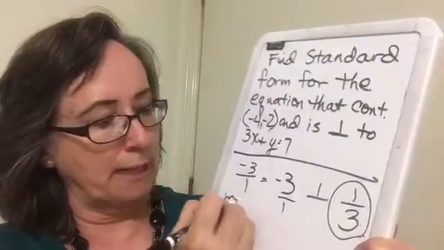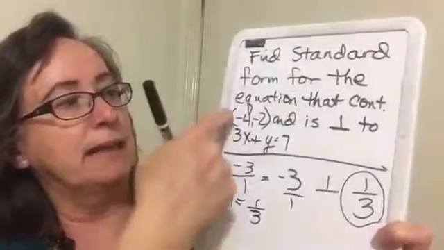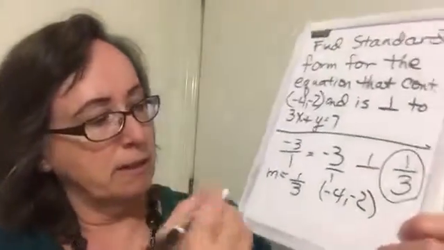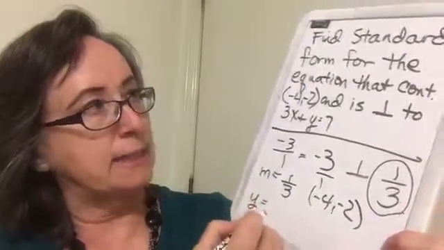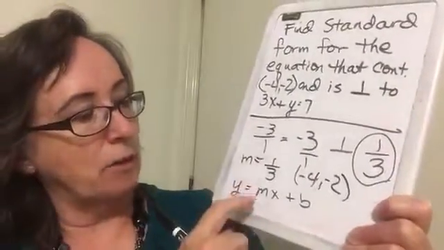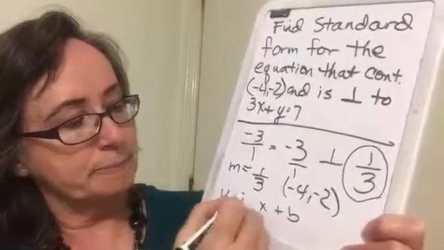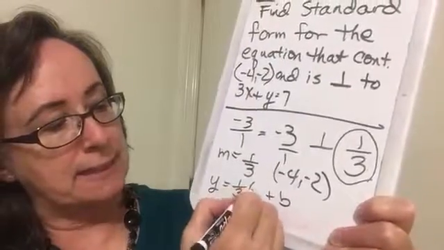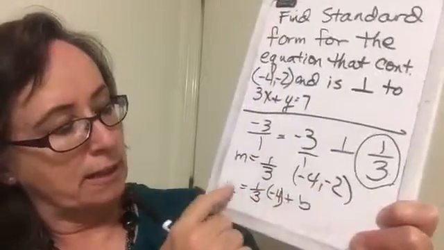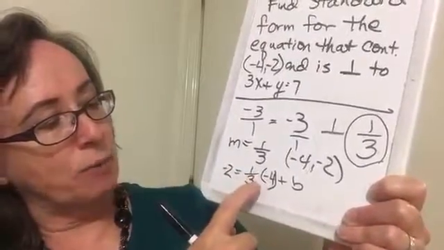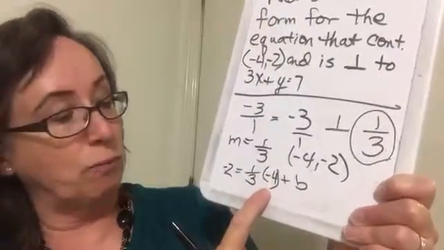So we're going to say m is 1/3, and -4, -2 is our point. So we'll do it with the y is mx plus b again. And so our m is 1/3. Our x is -4. We can plug that in because this is a point that makes the line true. And a -2 over here. So we end up with a -4/3 on this side, but we want to get this into standard form.